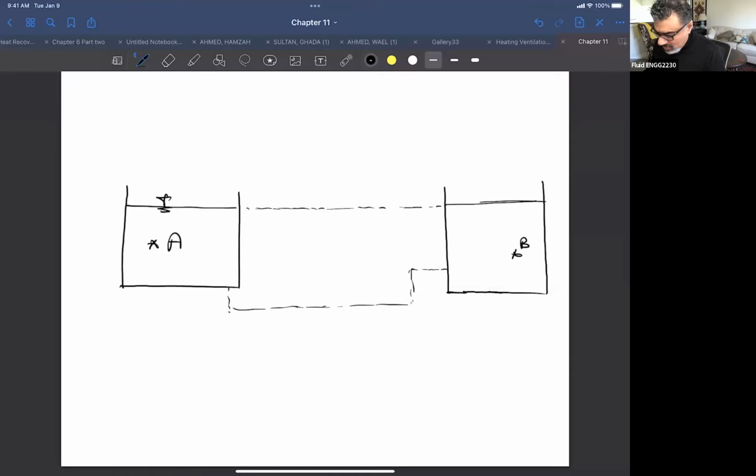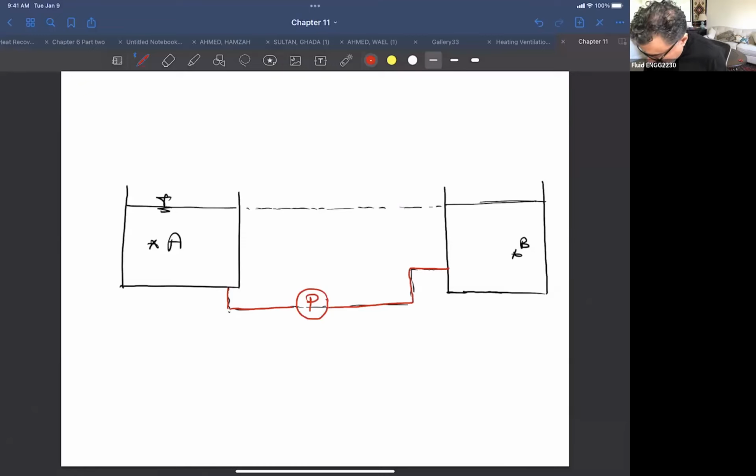Okay. So in this case, in order to drive the fluid, what do I have to do? I have to put a pump here. And now it all depends on whether I want to drive the fluid in this direction or this direction.